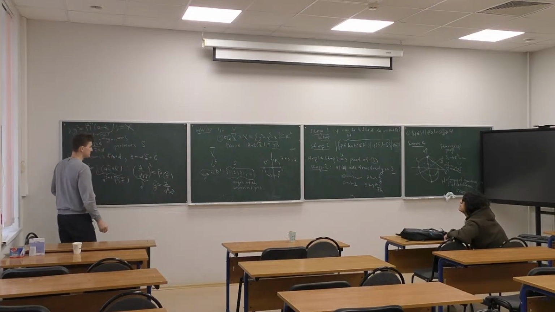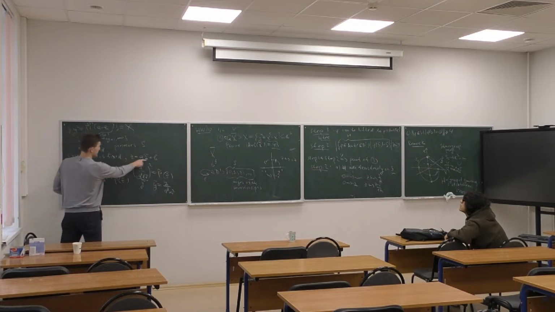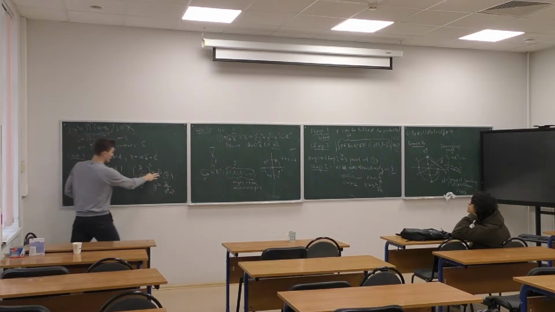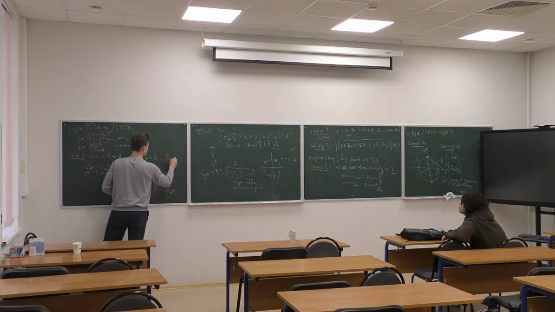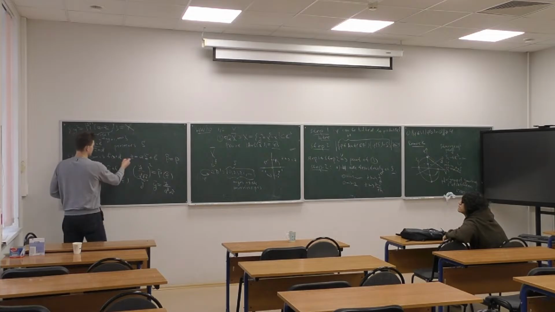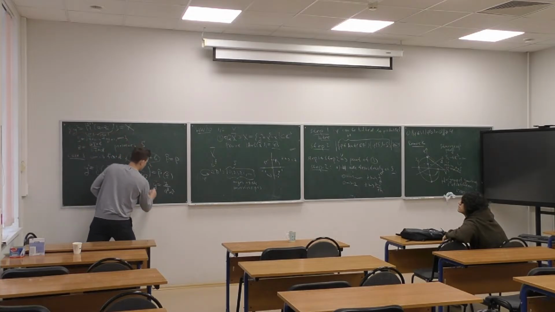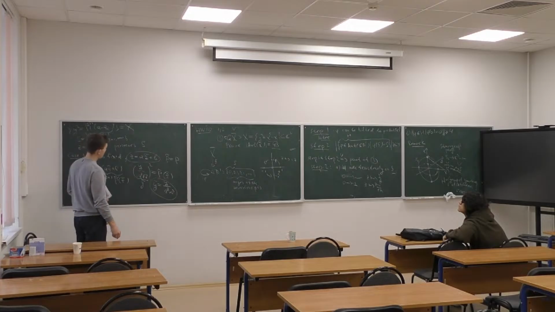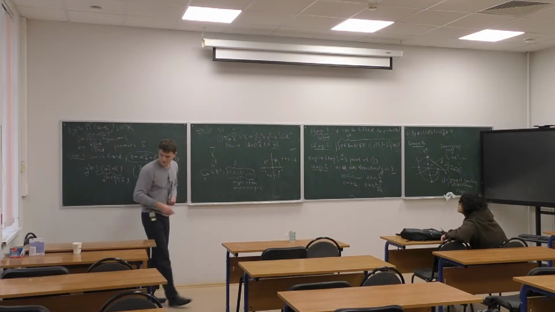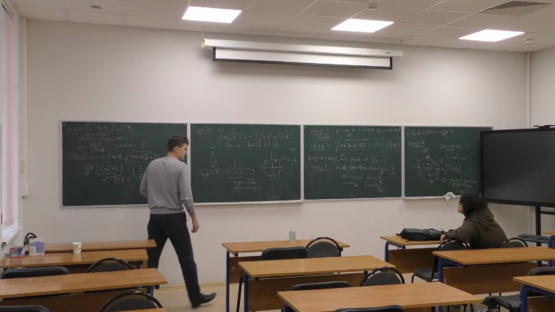Since you have this linear transformation, and since it preserves all these points, of course p tilde is equal to p. And then these formulas define an automorphism of your Riemann surface.